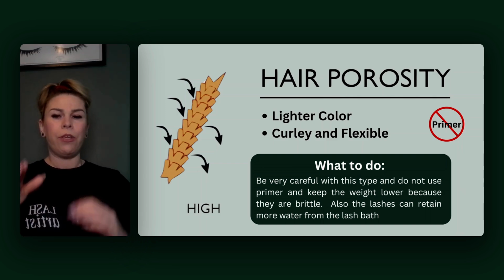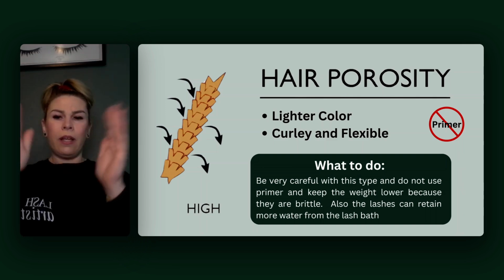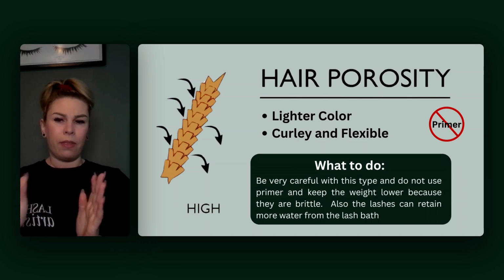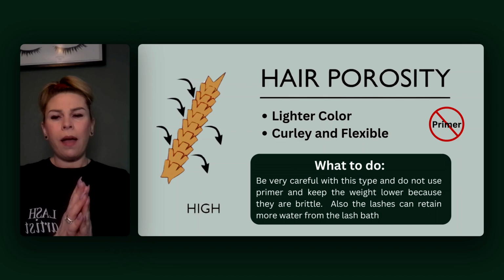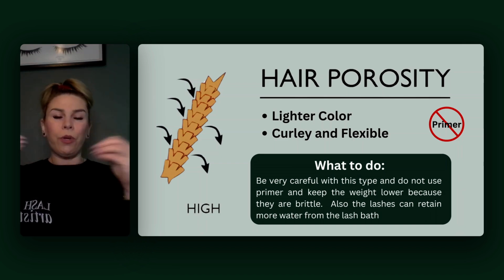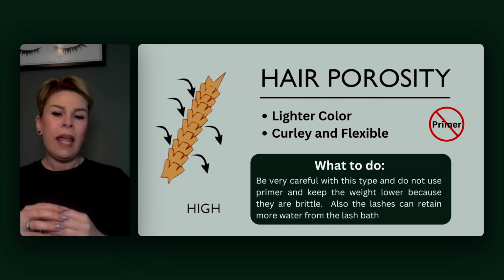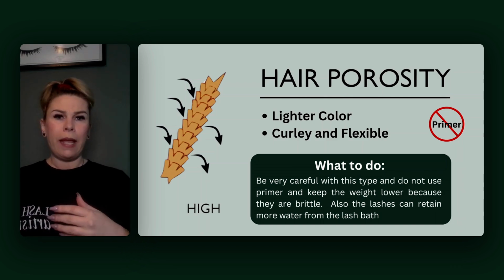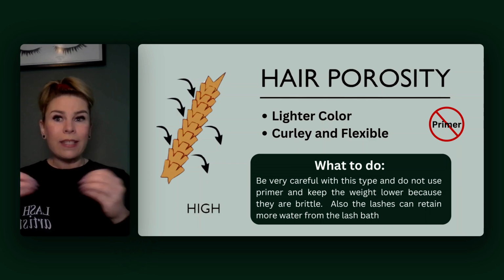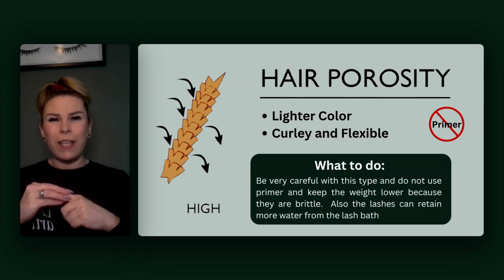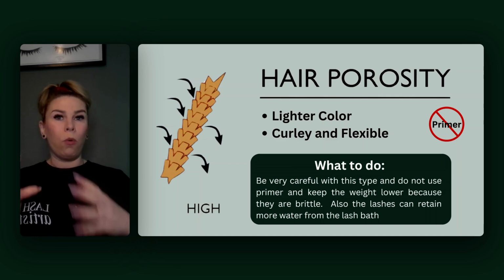If you were to use primer, referring to the diagram there, you can see that the traction almost looks like really big tire treads on that lash. So the primer is actually going to fit in those little grooves. It's going to want to fill them in. And when we have too much primer in play, or if there's water that's stuck in those grooves, the adhesive is going to want to cure faster than we're thinking, or wanting, right?